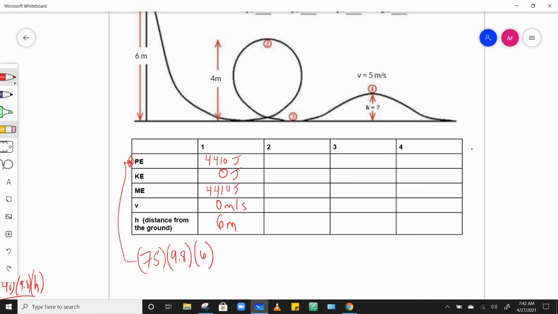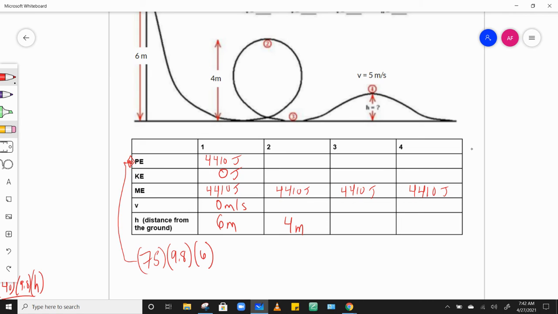Okay, those should be the same. And the mechanical energy will stay the same for all of these situations because we have no loss of energy to friction or air resistance. All right. Okay, at point 2, the height from the ground is 4 meters. Okay, the velocity, we do have to find that, but we're going to find that in a second. The potential energy, here I like to calculate the potential energy first.